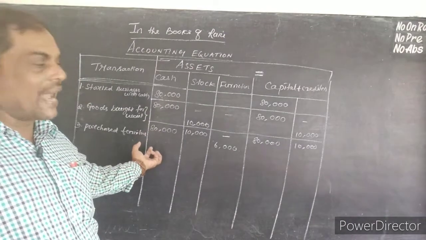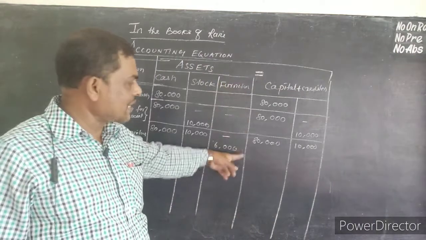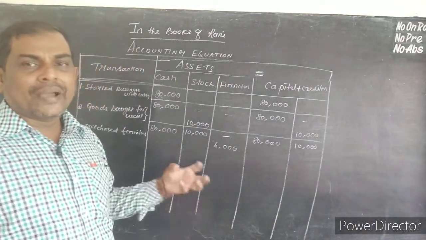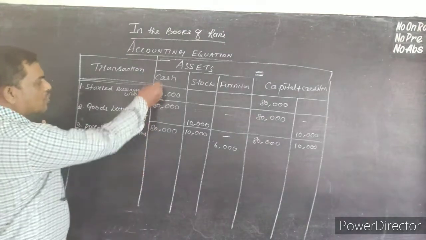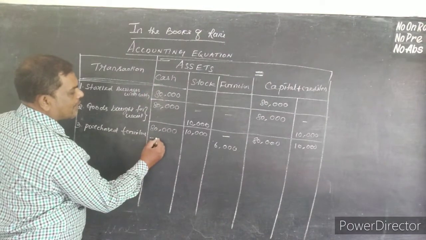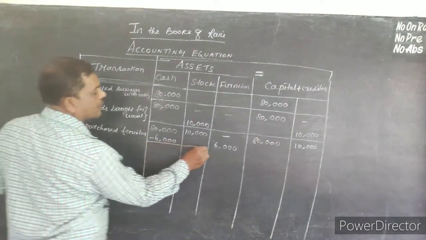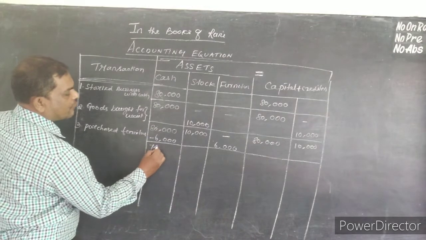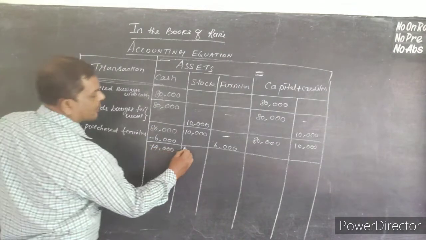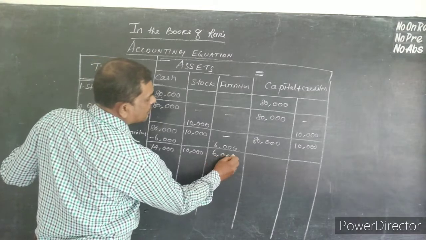So furniture comes 6,000, and automatically your cash will be reduced. So from cash you reduce 6,000. 80,000 minus 6,000 is 74,000. Here 10,000. Here 6,000.